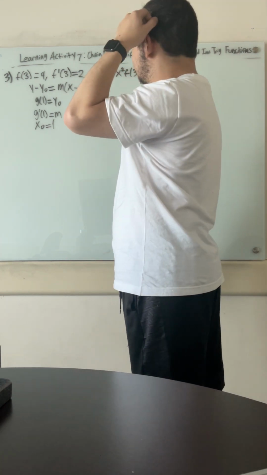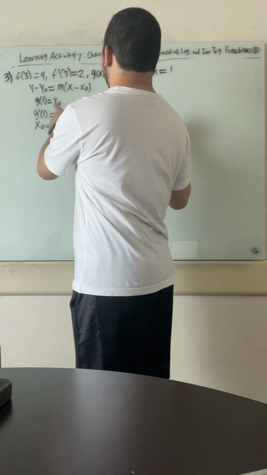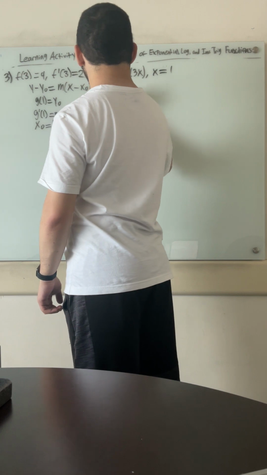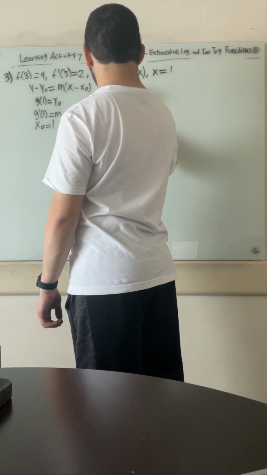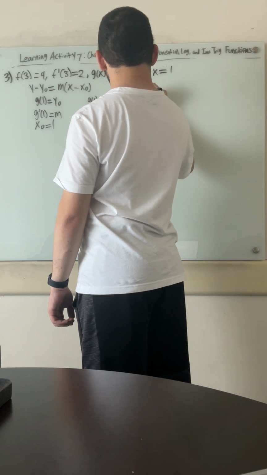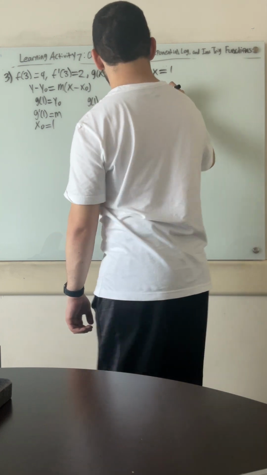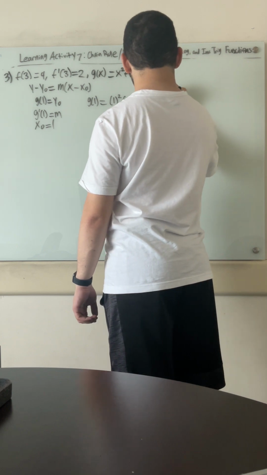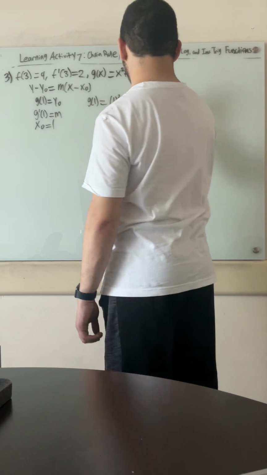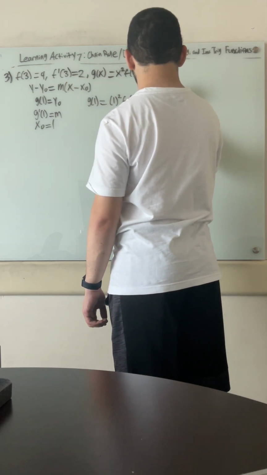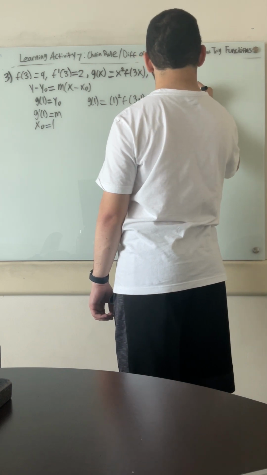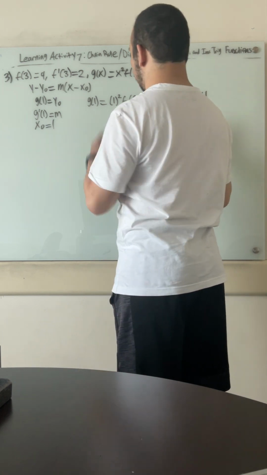All right, let's begin. So g of 1, so we plug in 1 for x, so that's going to be equal to 1 squared f(3) times 1. This is equal to 1 f of 3, and with respect to the problem, f of 3 is equal to 4. All right, I should probably put 1 times f of 3. So this is just going to be 1 times 4, which is 4, and that's our g of 1.